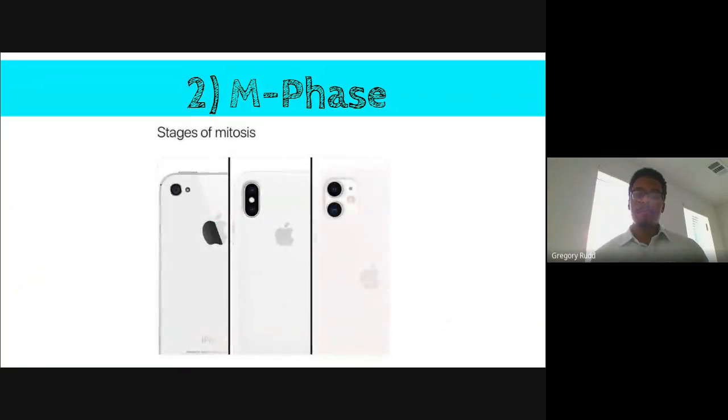Okay. So this is a good image representing what mitosis looks like. Start off with one cell. Eventually that one cell begins to split. And eventually you end up with two distinct cells that have their own plasma membrane.